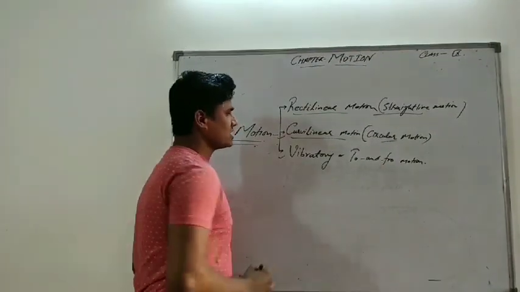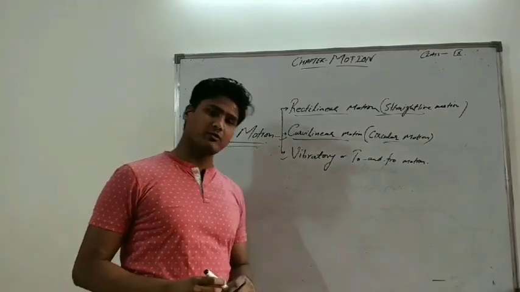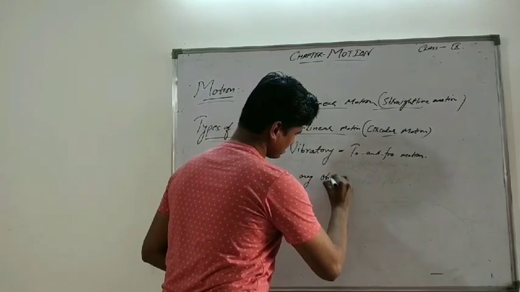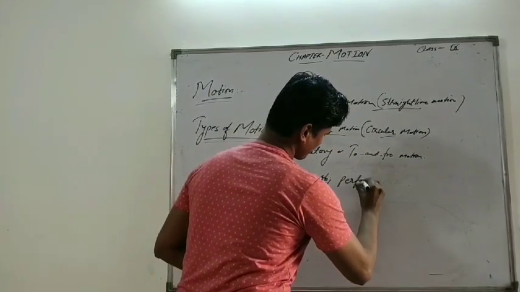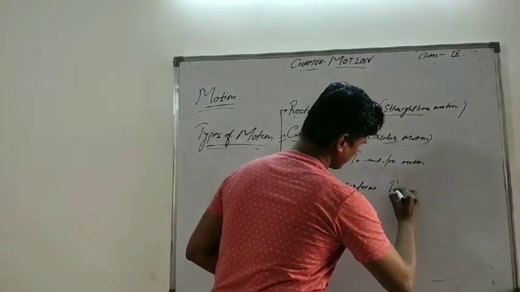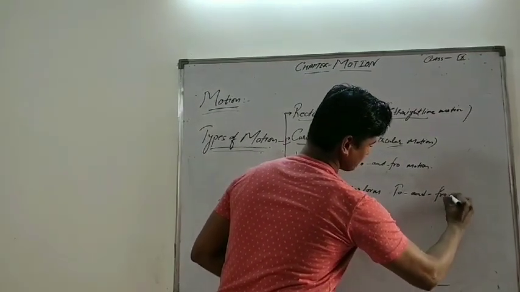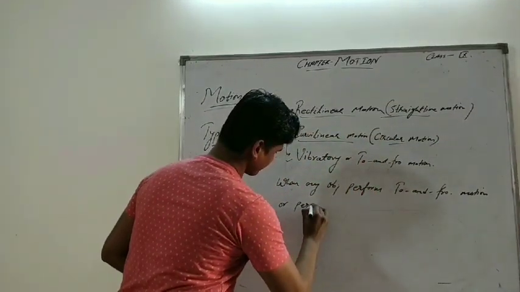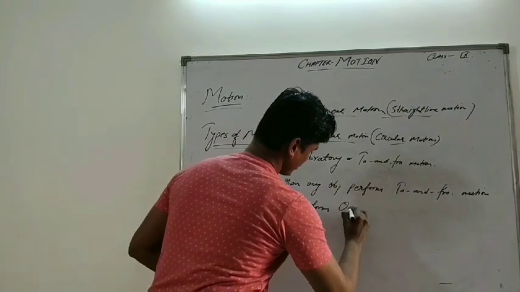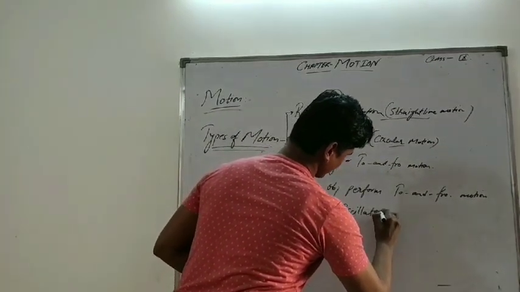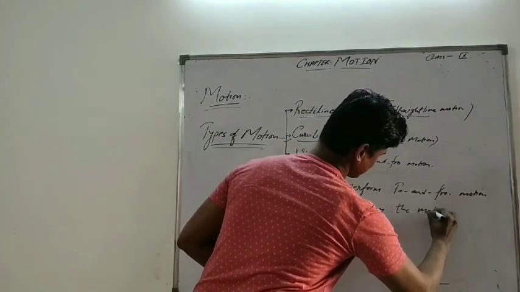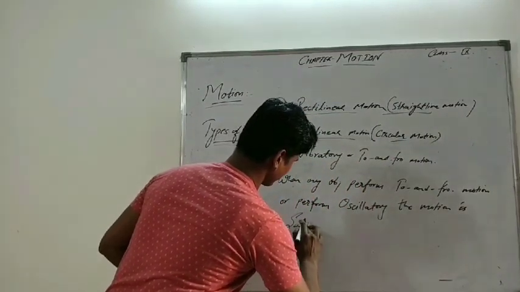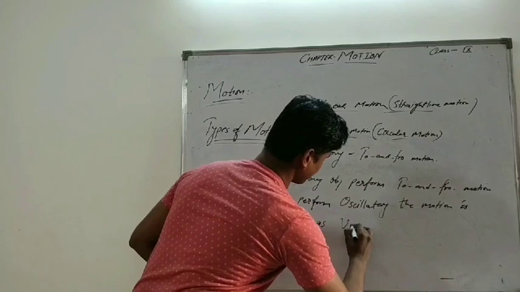Now we come to the third type, that is vibratory motion or to and fro motion. Students, when any object performs to and fro motion or performs oscillatory motion, the motion is said to be vibratory motion.